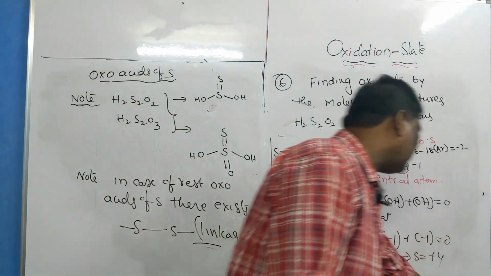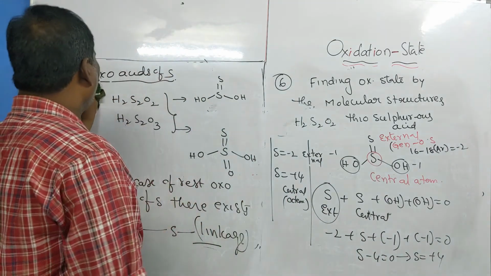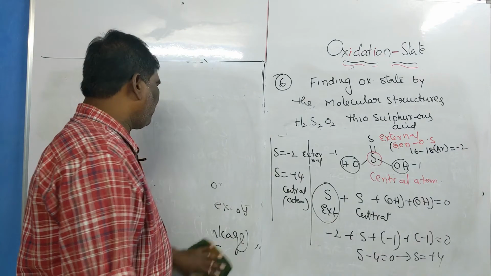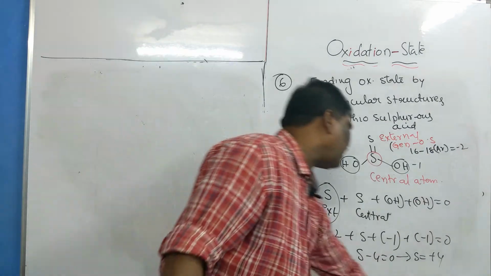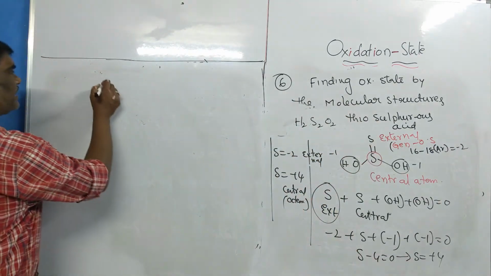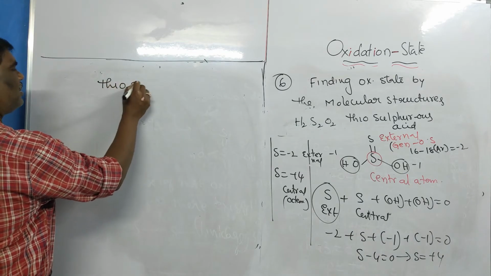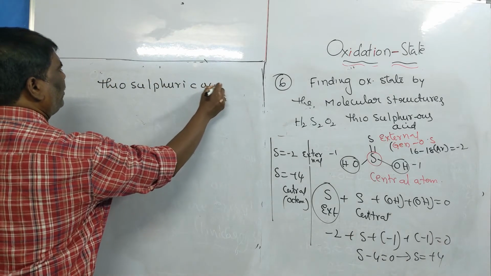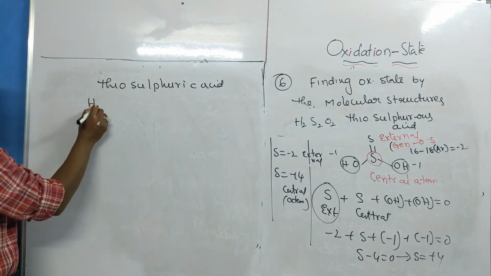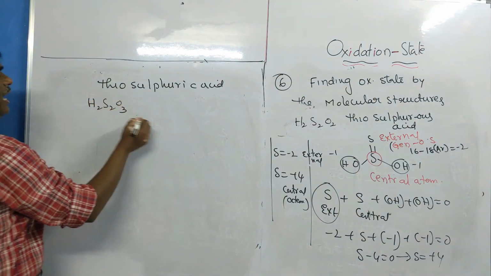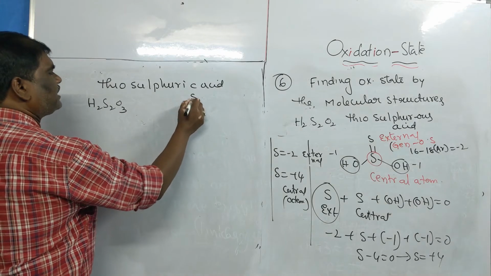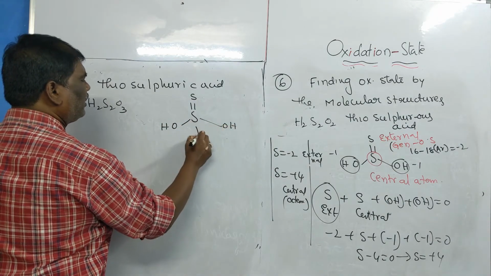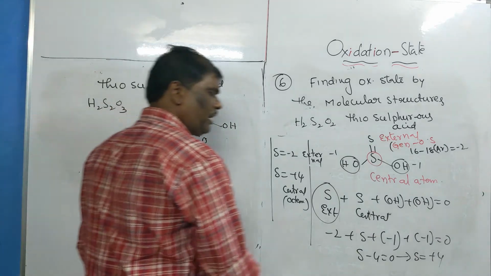The next one is thiosulfuric acid. The previous one is called thiosulfurous acid. The formula of thiosulfuric acid is H2S2O3. I told you in this one also there is an S double bond S linkage. There are an OH group and an OH group. This is a double bonded oxygen.